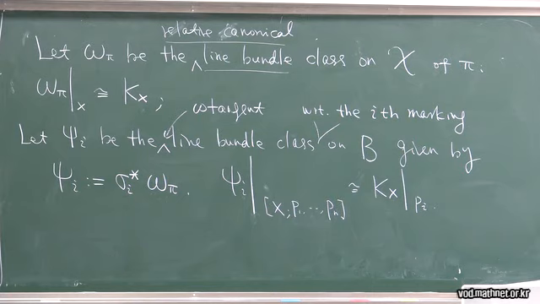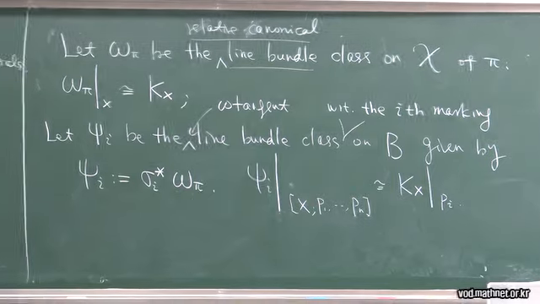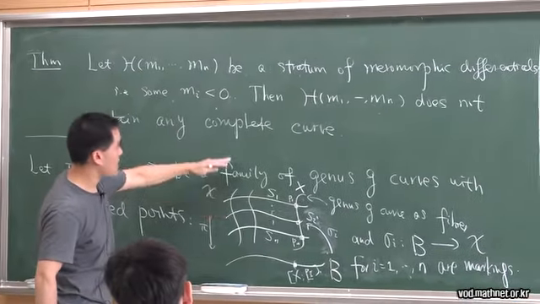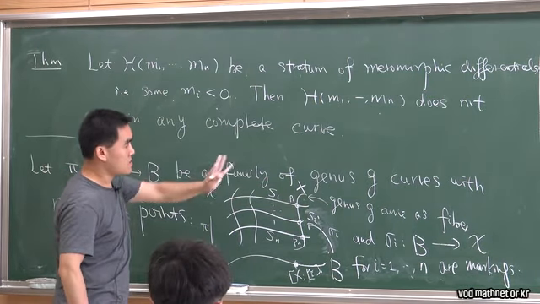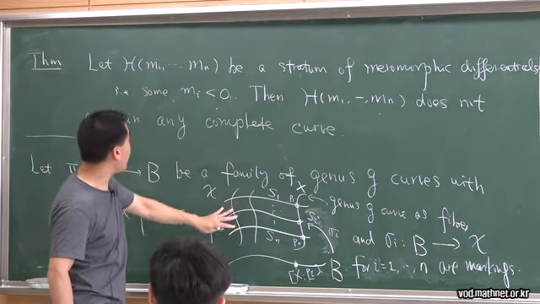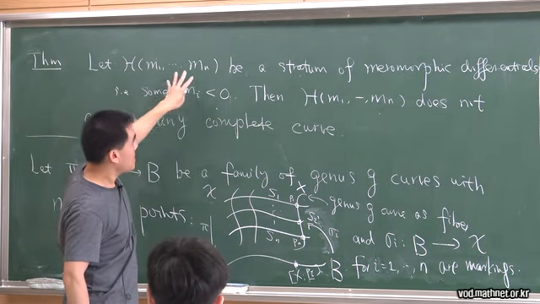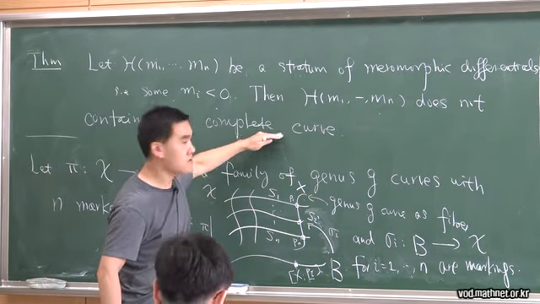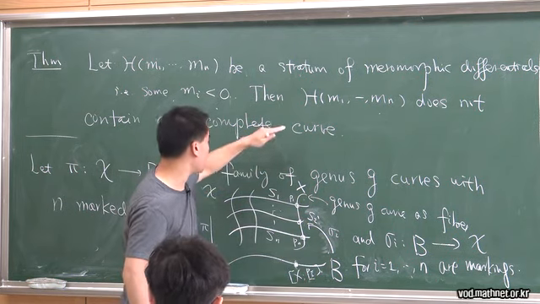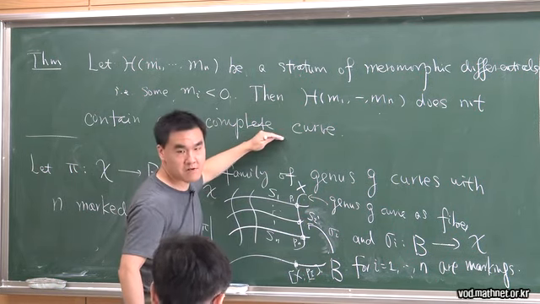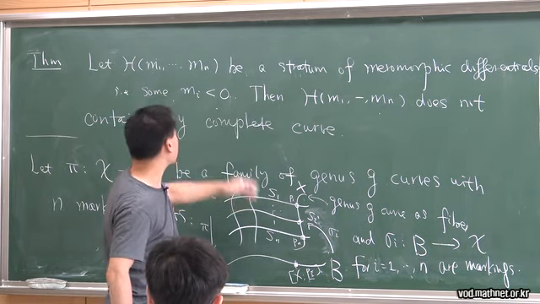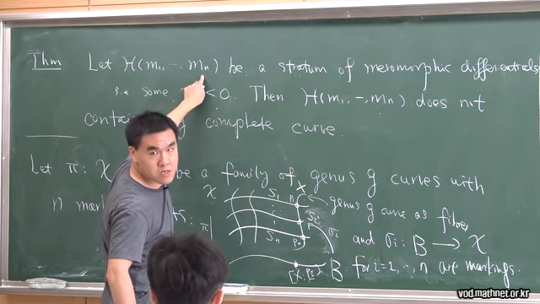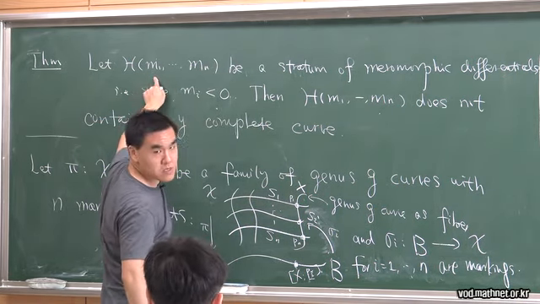So far this part has nothing to do with the theorem. I'm saying I introduce these divisor classes, but then I can apply it to this case. Suppose I have a complete curve, which I call B. Then over B, I will have a family of curves with n special points, because these are distinct points.